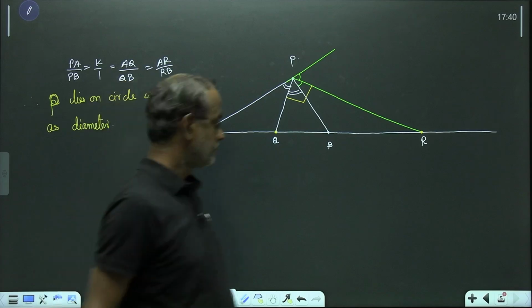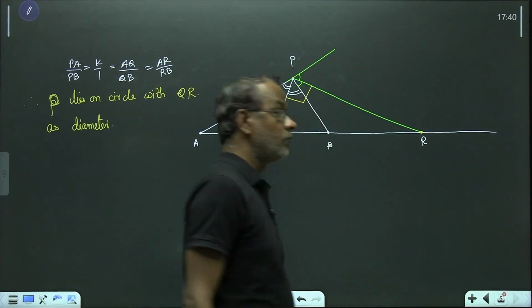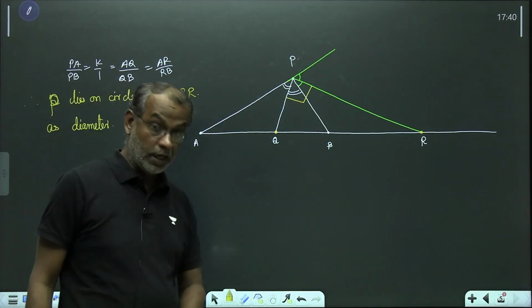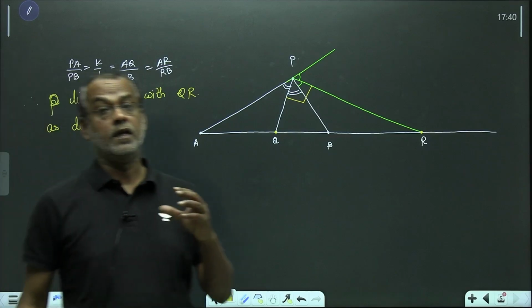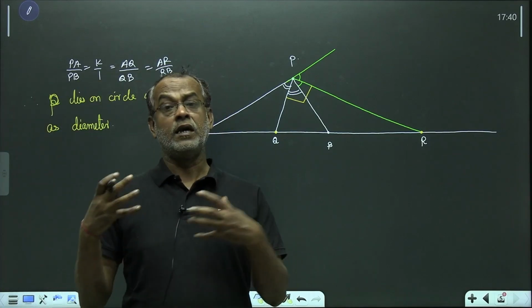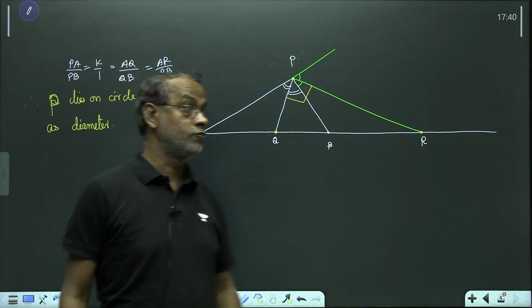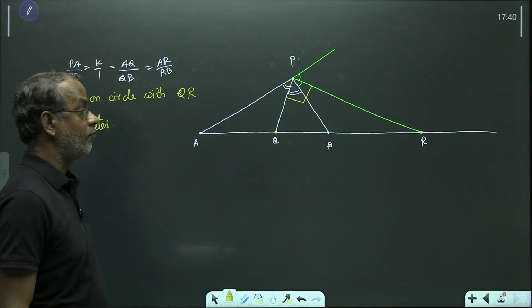Fine. So, you have to think in a slightly nuanced and different way while dealing with problems of geometry. This is called the circle of Apollonius.